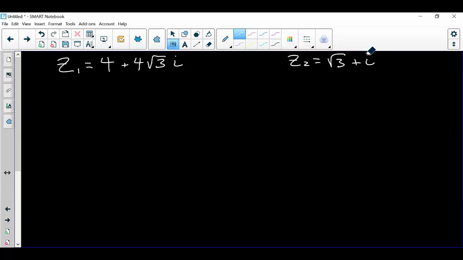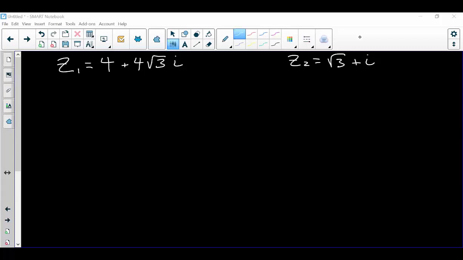Now, the first thing I want to do is, hang on. I've got to chat here. Someone asked, in the start of the equation, is it supposed to say Zi or Z1?